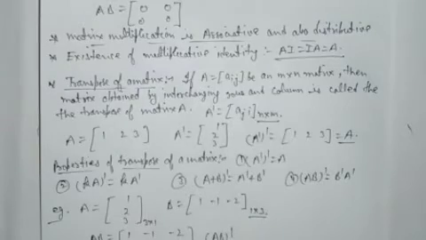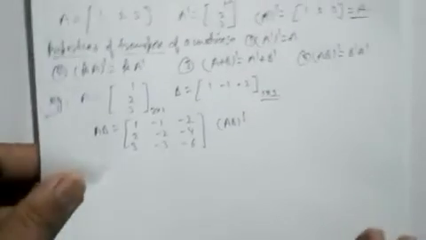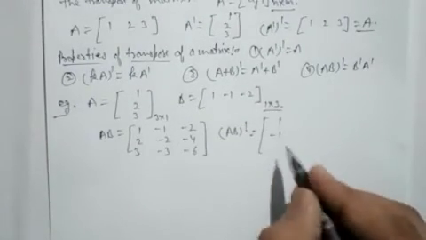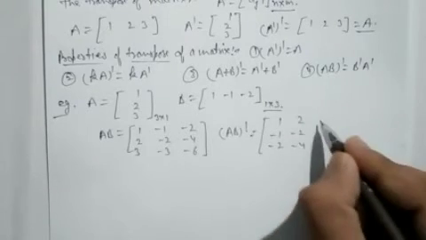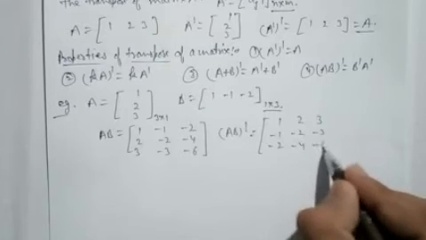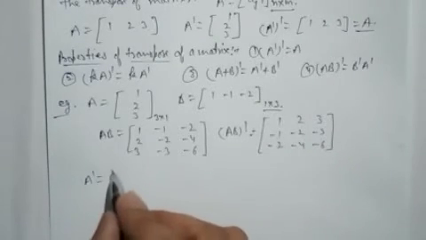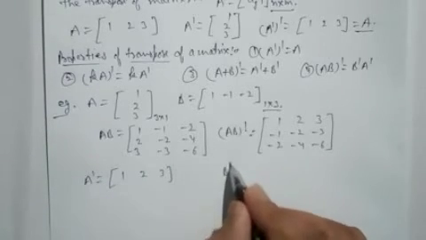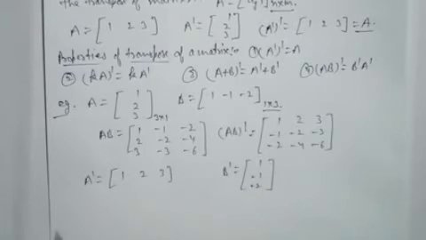AB transpose is what? This is 1 minus 1 minus 2, 2 minus 2 minus 4, 3 minus 3 minus 6. Let me take A transpose. A transpose is 1, 2, 3. B transpose is 1 minus 1 minus 2.